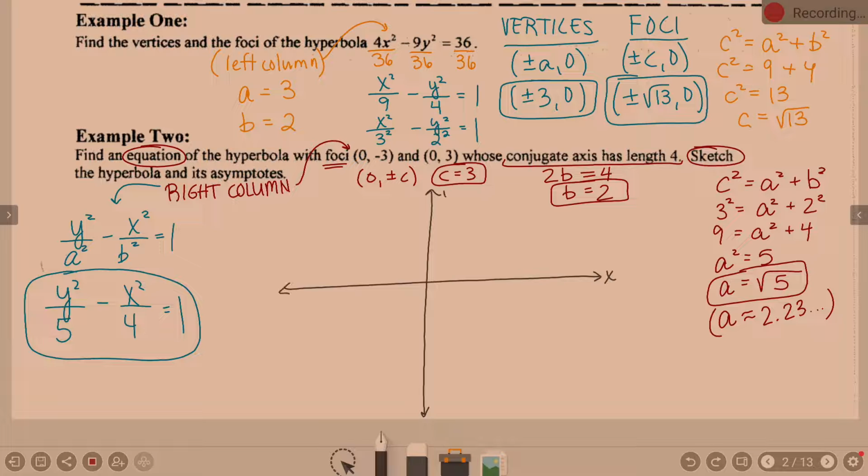Probably made that x-axis way too long, but that's all right. Let's see. I think the farthest we ever count out is 3. So I just put 3 tick marks on going out each direction of my axes. Yeah, we didn't need to go 3 in both directions, but that's all right.